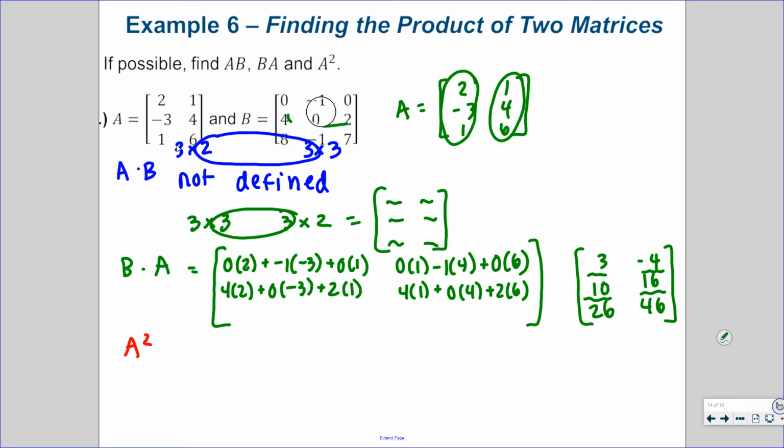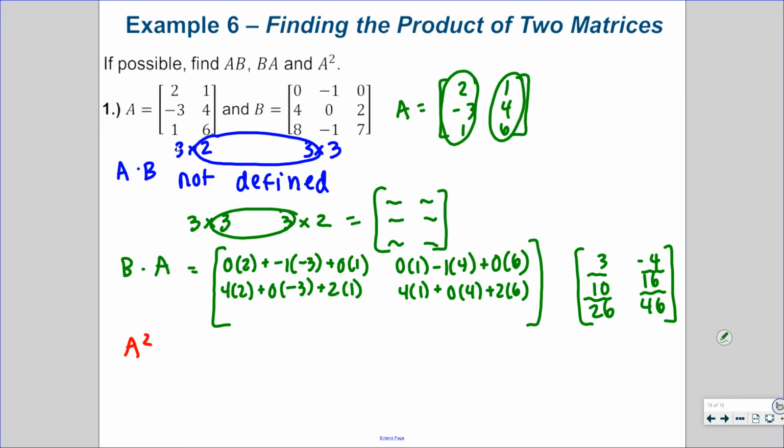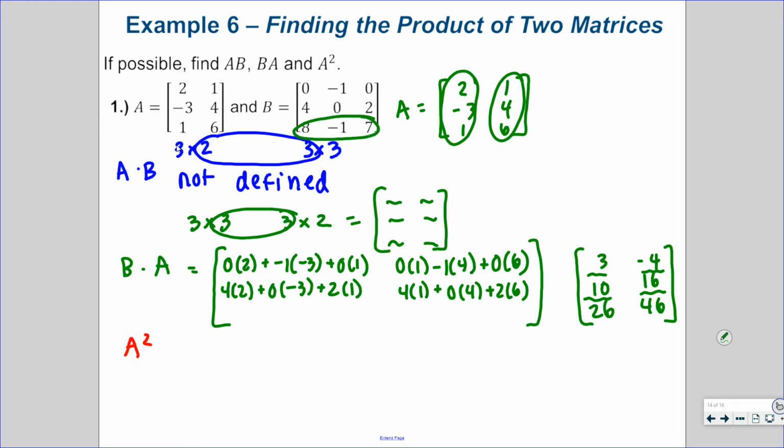Okay, last one. We would move on to row 3, column 1. That's how I got 26. 16 plus 7 plus 3.